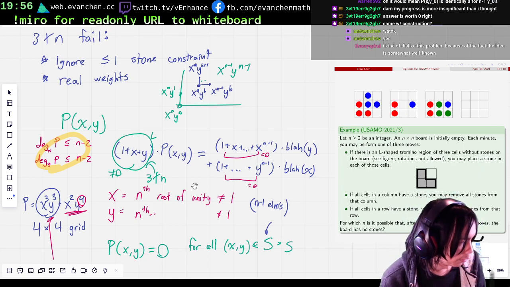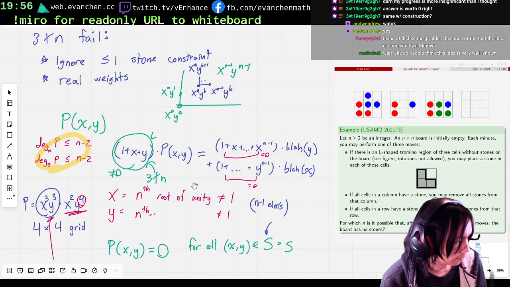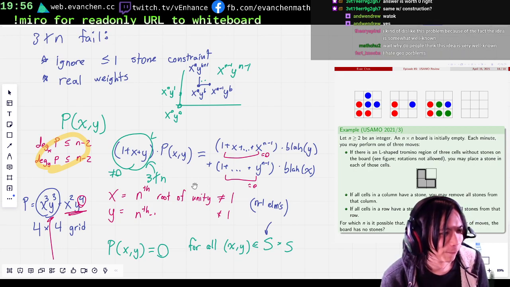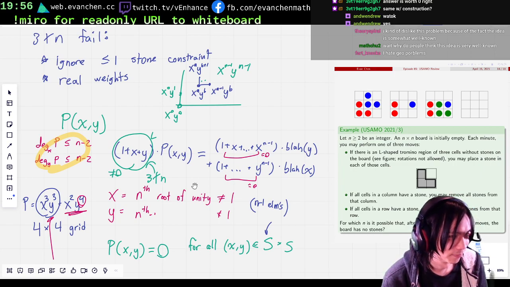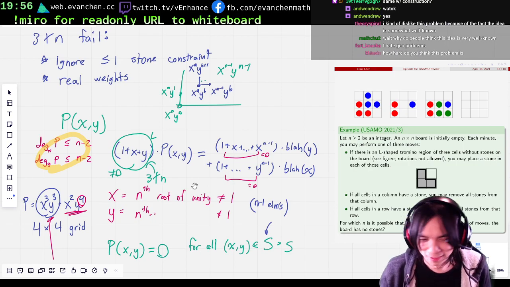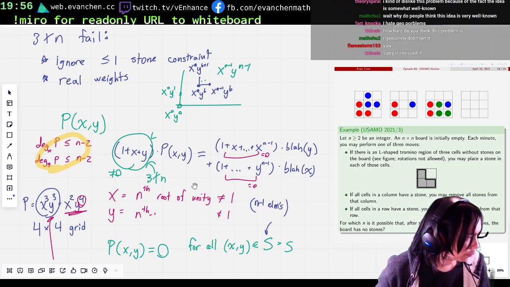I kind of dislike this problem because the idea is somewhat well known. Okay. I don't know. Some people don't get it.